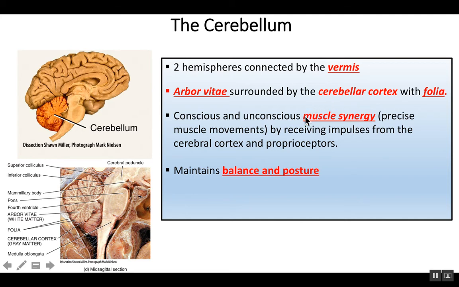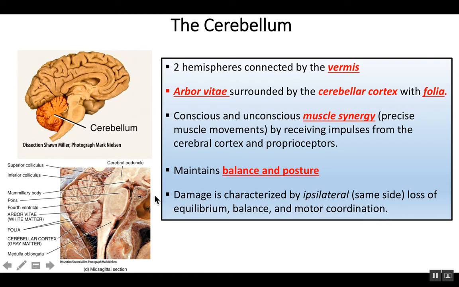You'll lose some muscle synergy. You'll lose your balance as well. And that's what a sobriety test does. It measures the ability of someone to balance. It measures the ability of someone to have precision to their muscle movements. And you can learn a lot based on the inability to do those.